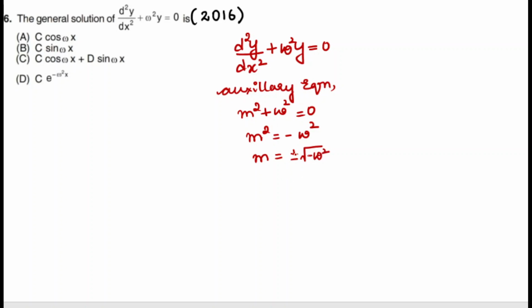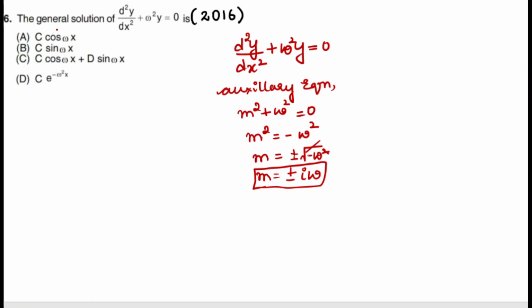So the square root cancels, and it will be plus or minus, with square root of minus 1, which is i, into omega. So we got the m value to be plus or minus i omega. These are the roots of the equation, that is m1 equal to plus i omega and m2 equal to minus i omega.